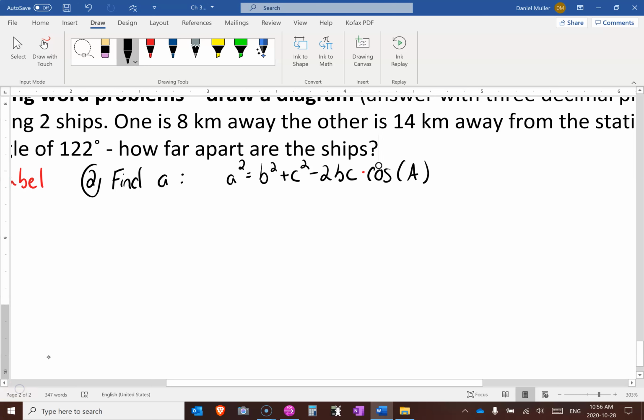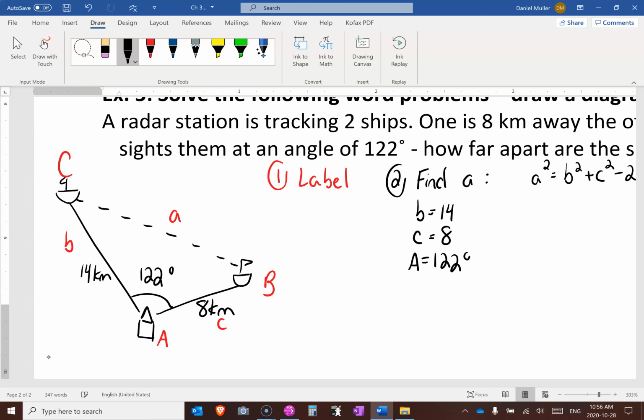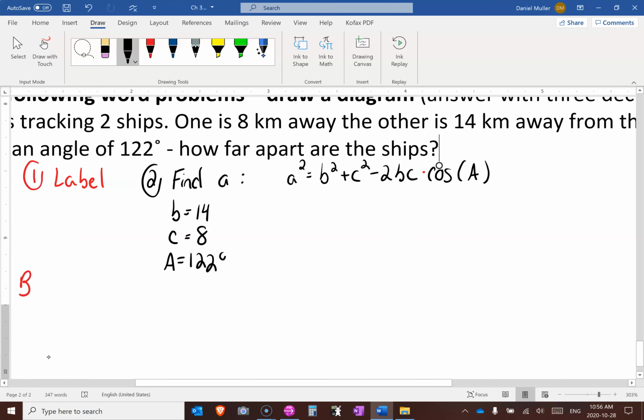Now I do know some things here. Lowercase b, just the way I labeled it, is the 14 one, lowercase c is the 8, and capital A is 122 degrees. So I can fill this out. I need to solve for A, so I need to get A alone.